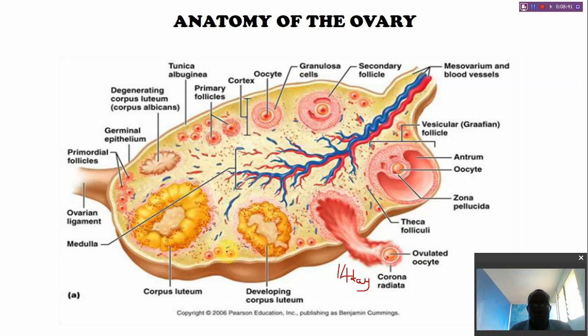And when there's no pregnancy, the corpus luteum shrinks and becomes corpus albicans. So this is the corpus albicans here, and that is what remains after menstruation.